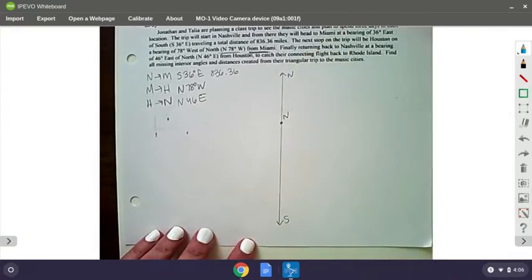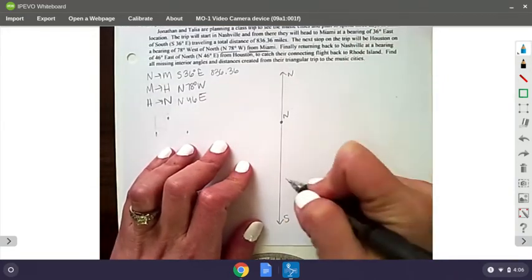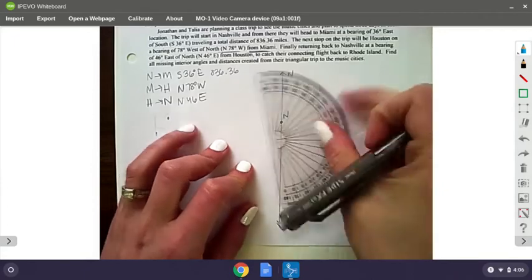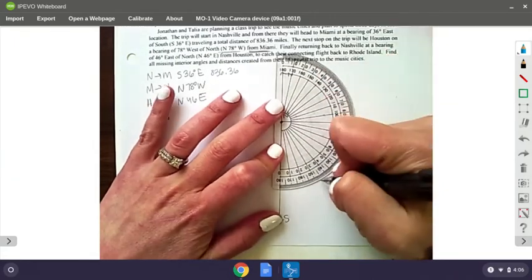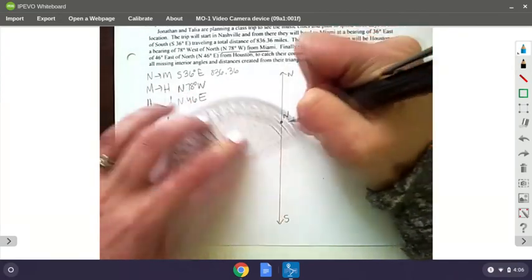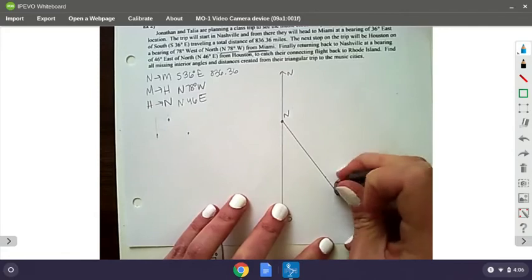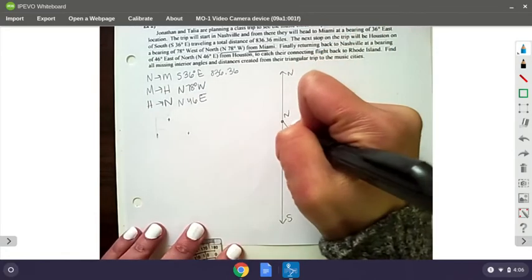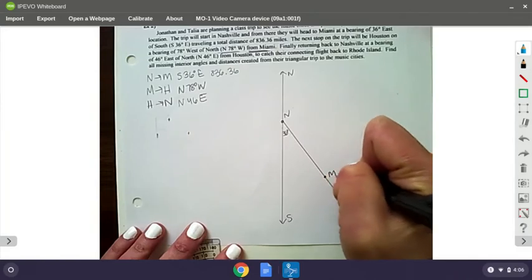Nashville's going to be here. So from Nashville to Miami, it's 36 degrees east of south. East of south is to the right of south, so it's going to be this way. Remember, as you go, label it. So this was 36 degrees. And just pick a spot somewhere on there for Miami.